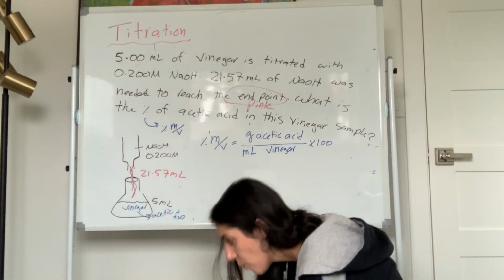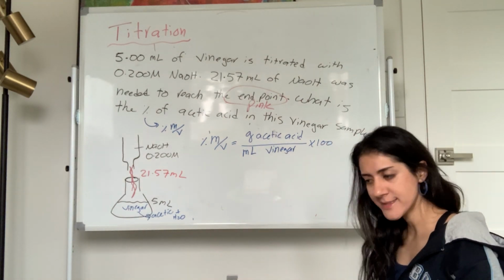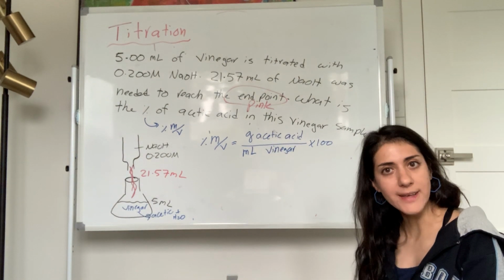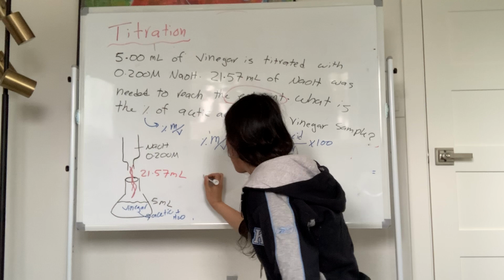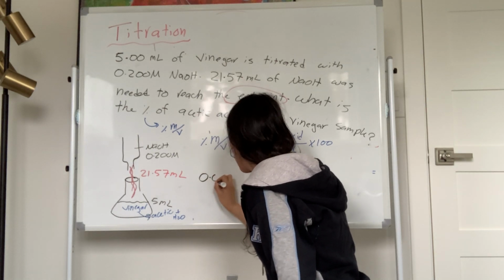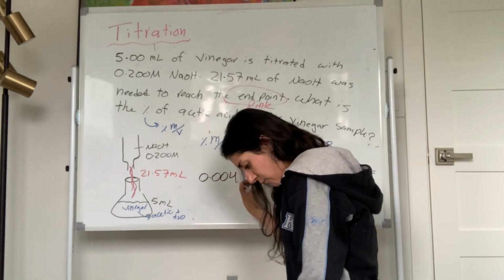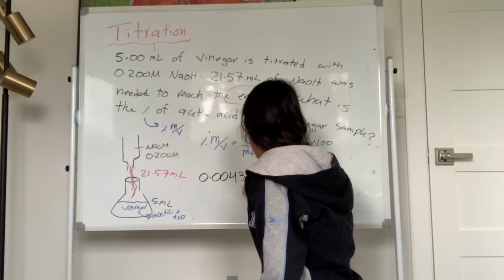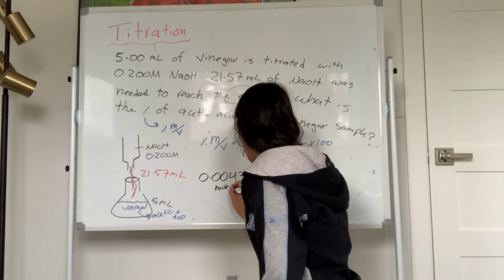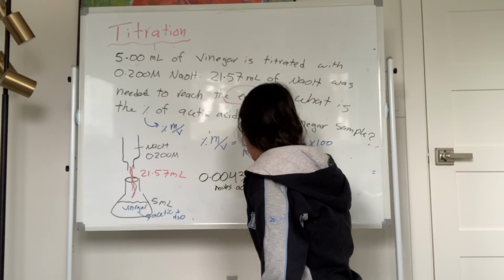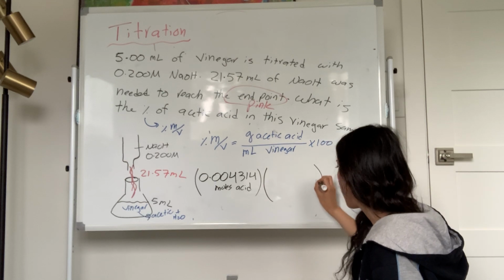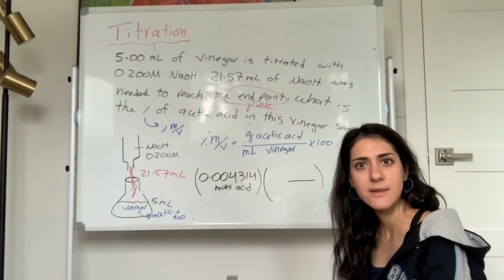Now, we don't have the grams of acetic acid, but what do we have? We have the moles of acetic acid. I know I just erased it, but you have it in your notebook. 0.00414 is my moles of acetic acid. How do I convert moles to gram? You already know that.